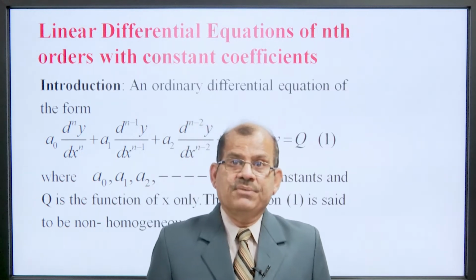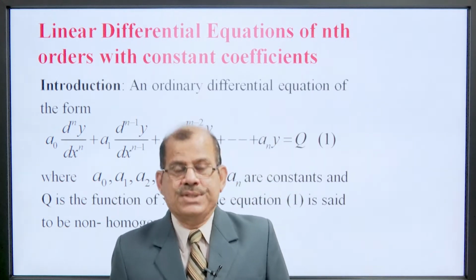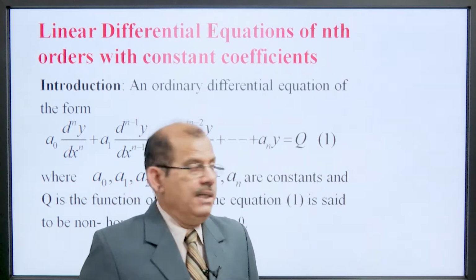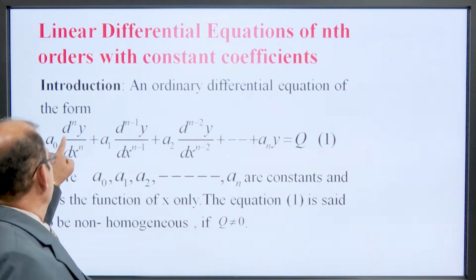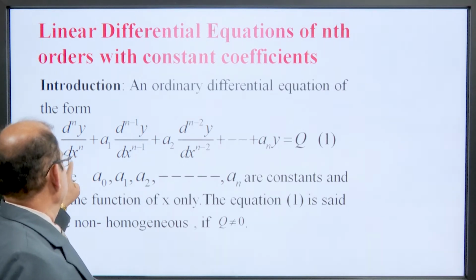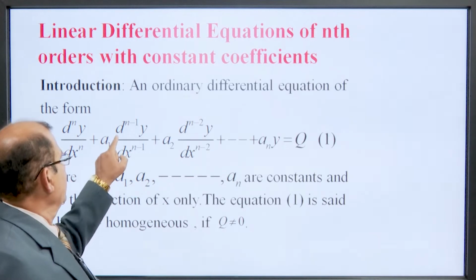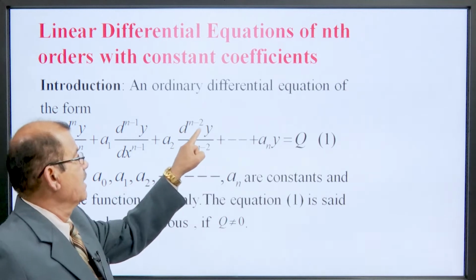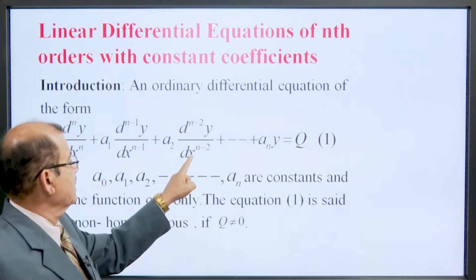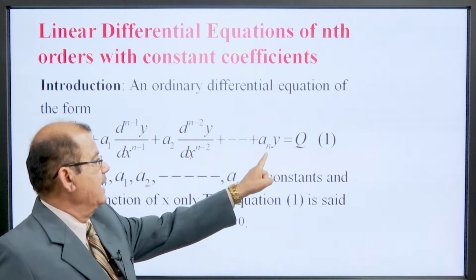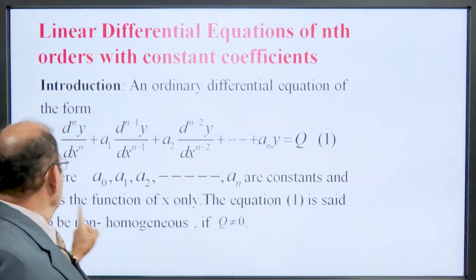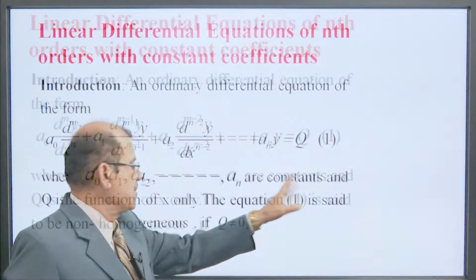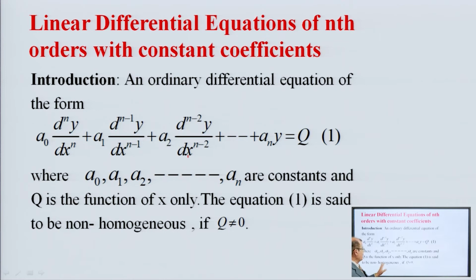First we define linear differential equation of nth order with constant coefficient. The equation is of the form a0 d^n y/dx^n plus a1 d^(n-1) y/dx^(n-1) plus a2 d^(n-2) y/dx^(n-2) and so on, plus an y is equal to q, where a0, a1, a2 and so on an are constants and q is a function of x only.